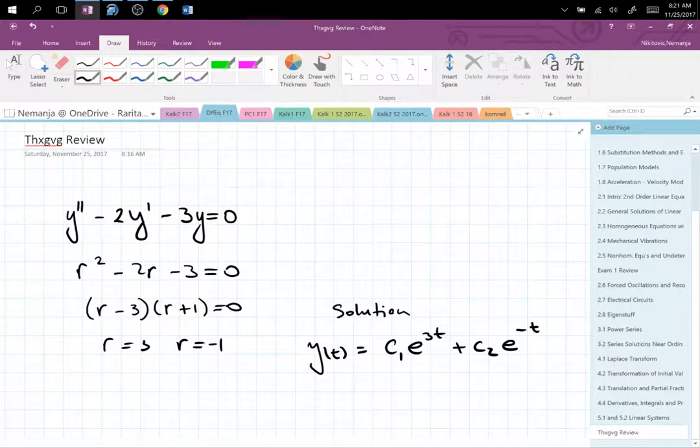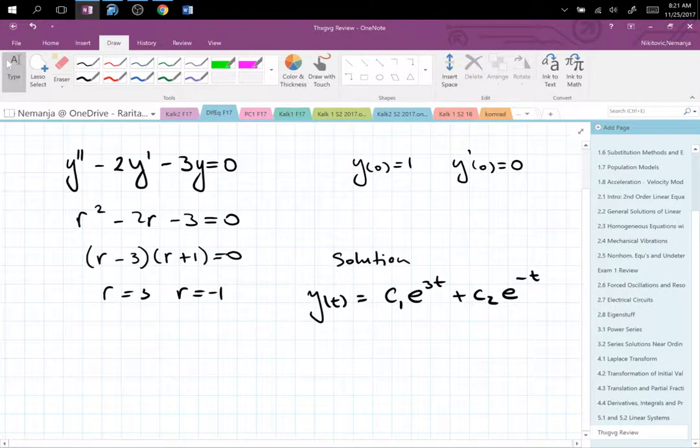Now let's say we had initial conditions of y of 0 equal to 1 and y prime of 0 equals 0.